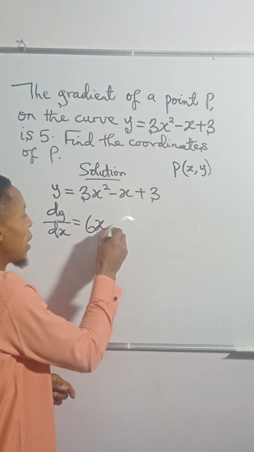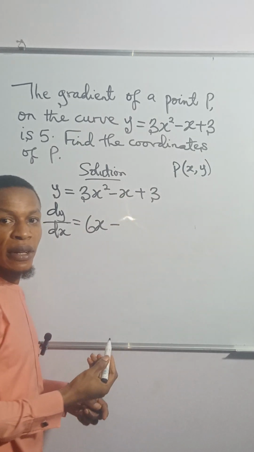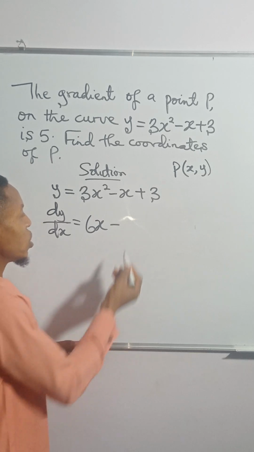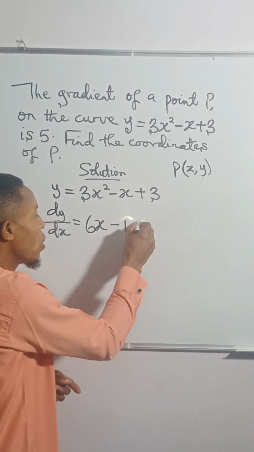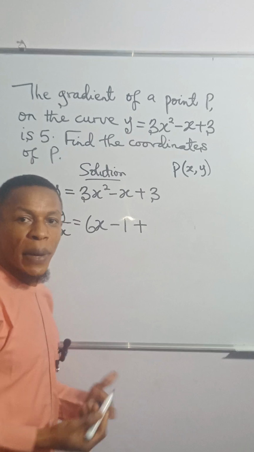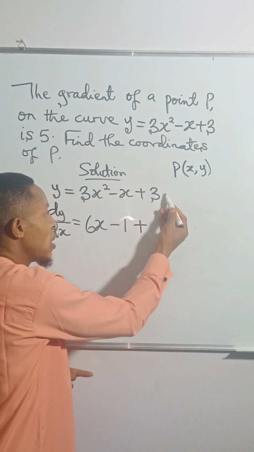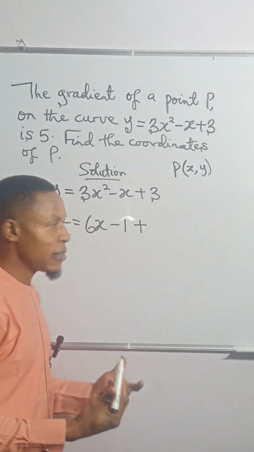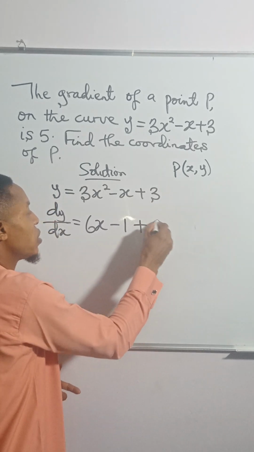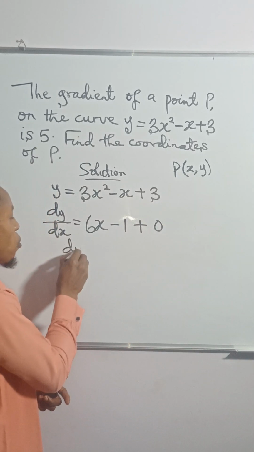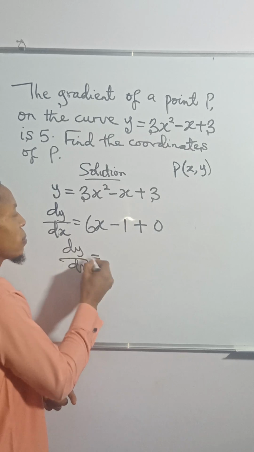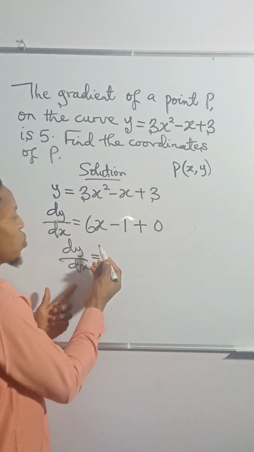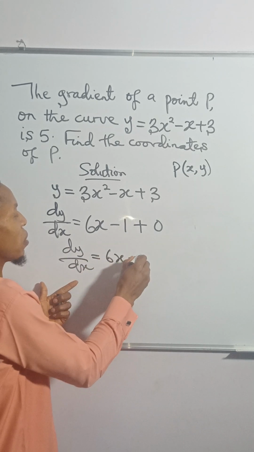Minus, if we differentiate any letter, we have 1, so this will be minus 1. Plus, any number standing alone without a letter is called a constant, and if you differentiate a constant, you get 0. So dy over dx, which is the gradient, is 6x minus 1.